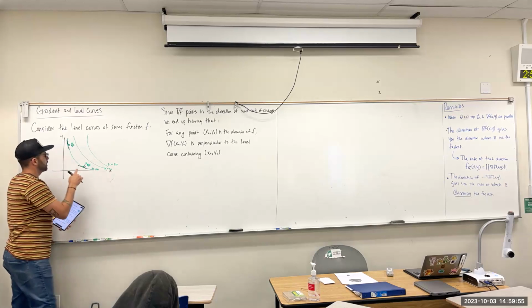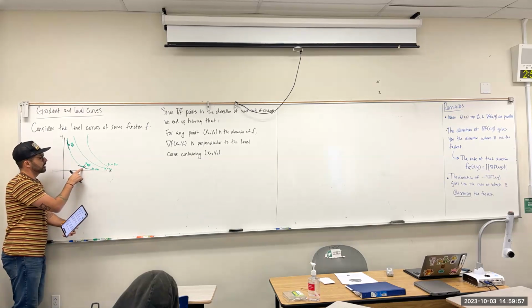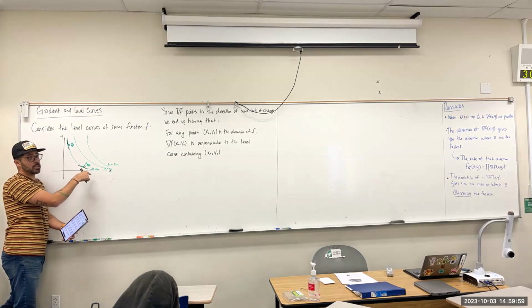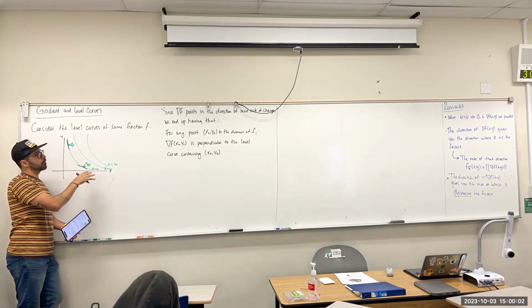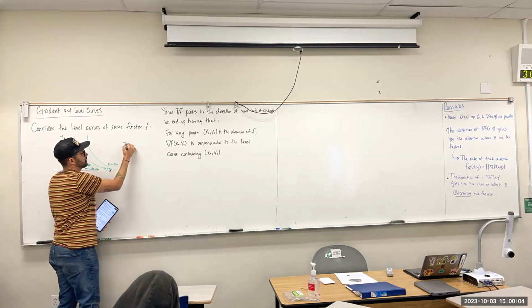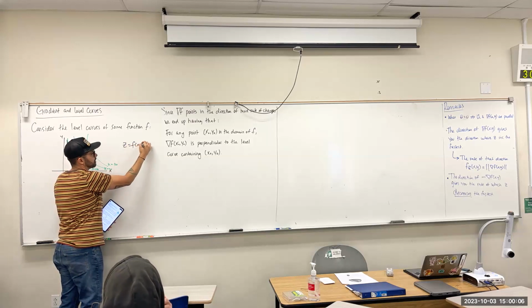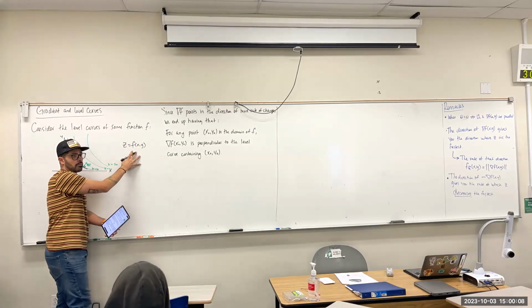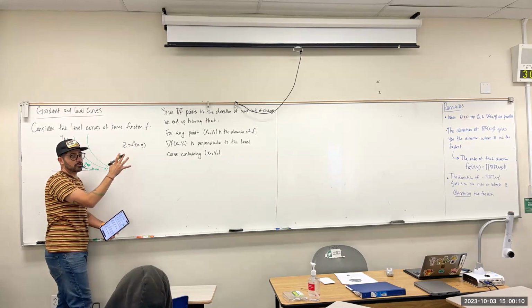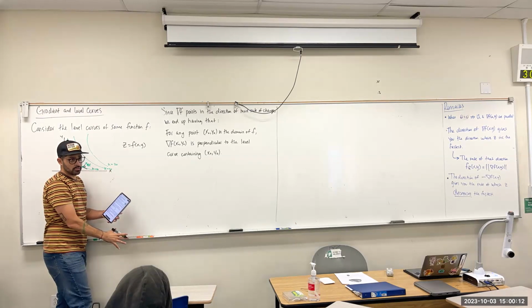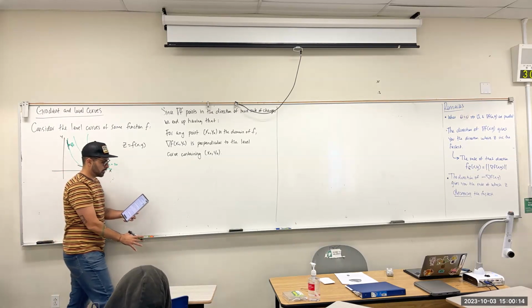So if gradient vectors are perpendicular to level curves for a function of two variables, we're going to do everything we just discussed and extend it to a function of three variables. Okay? We're going to do it.